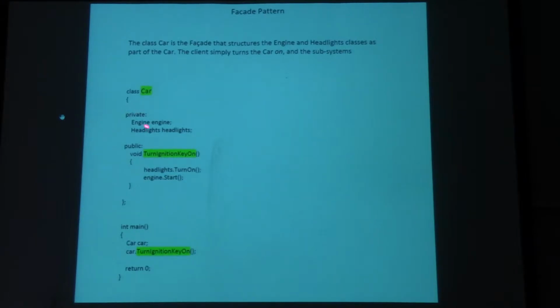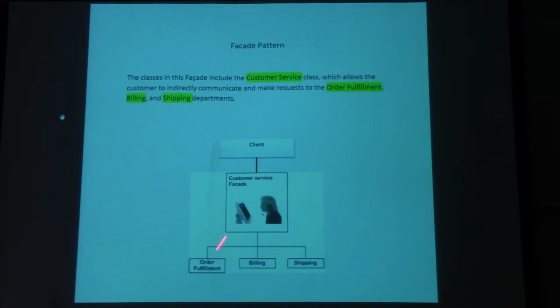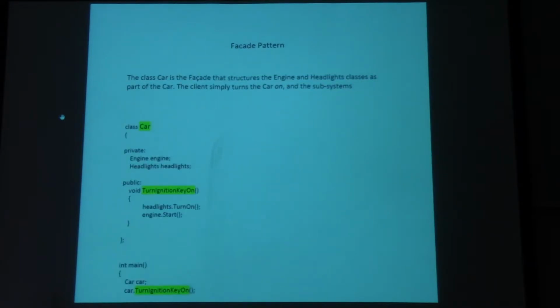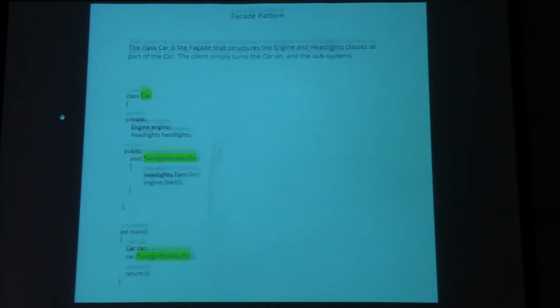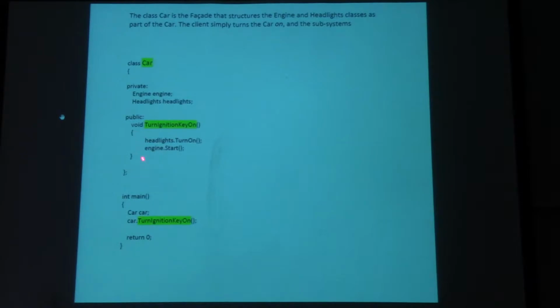The car has a private engine, has private headlights, and so when you construct the car, you can turn the ignition key on. And what's going to happen is that turning the ignition on will turn on these subsystems. Oops, sorry. So in our driver program here, we simply create a car, and we say turn the car ignition on, and what's going to happen is the lights go on, the engine goes on.